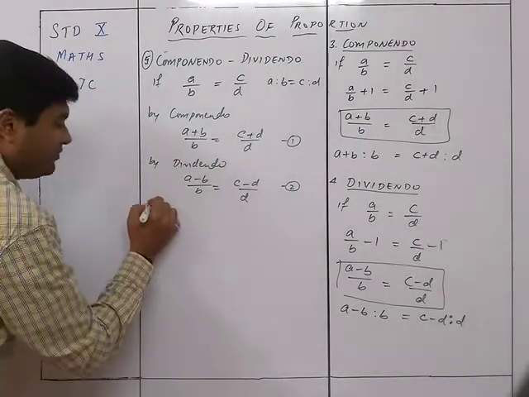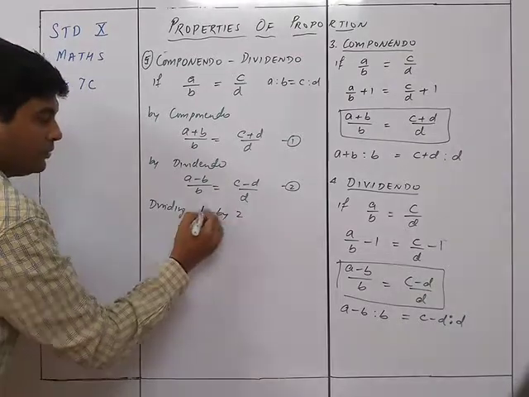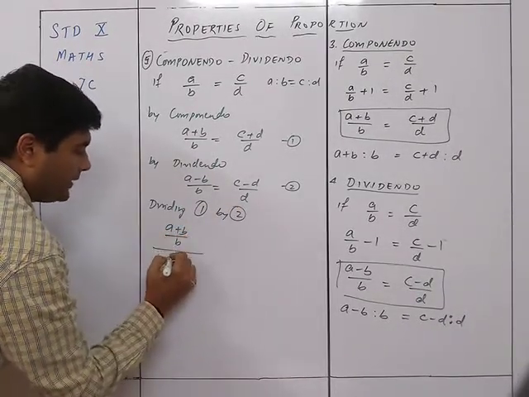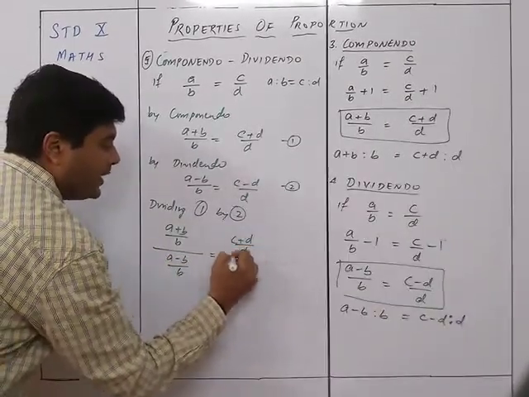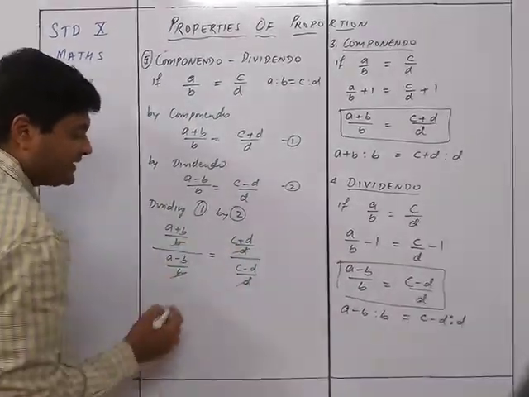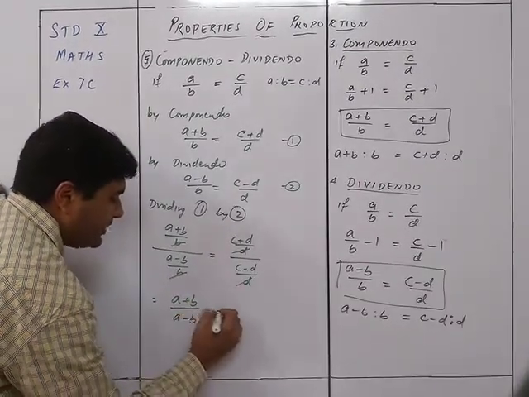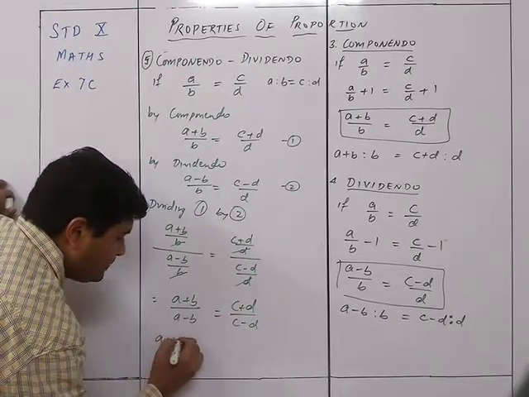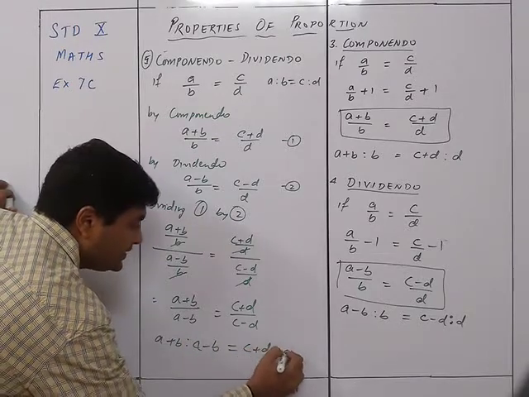If I divide equation 1 by 2, it will be A plus B upon B upon A minus B upon B is equal to C plus D upon D upon C minus D upon D. Here B and D get cancelled. Accordingly, we have A plus B upon A minus B is equal to C plus D upon C minus D, written as A plus B is to A minus B is equal to C plus D is to C minus D.